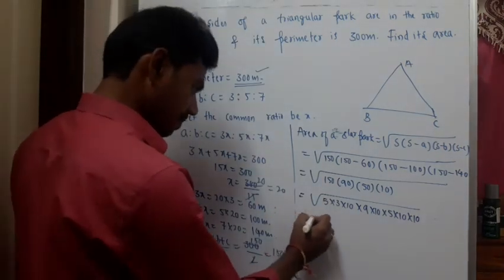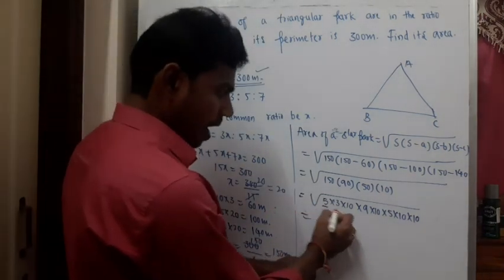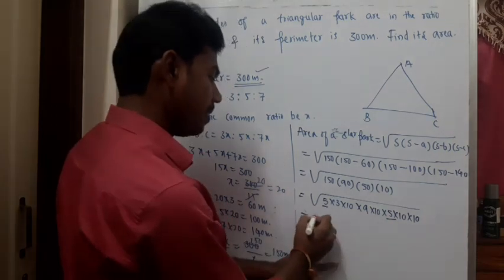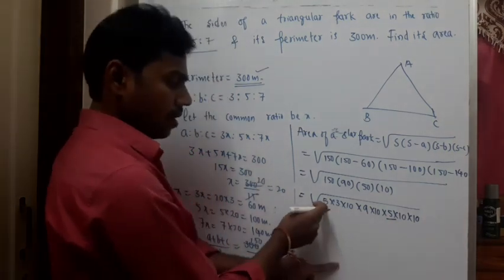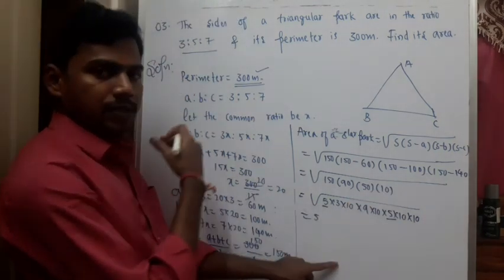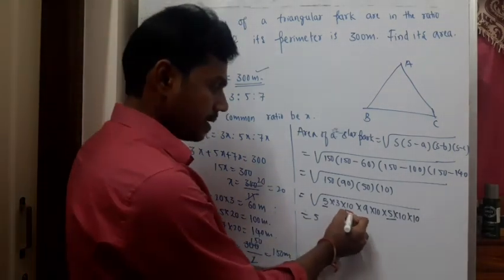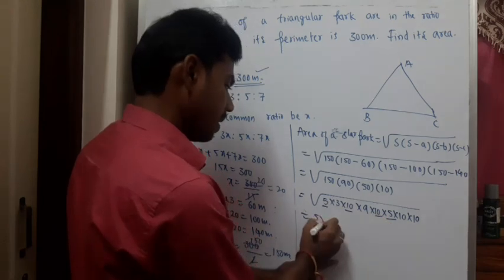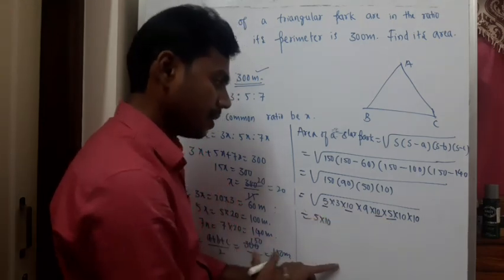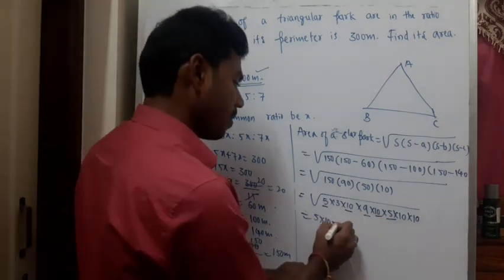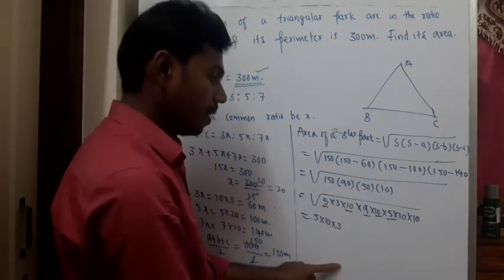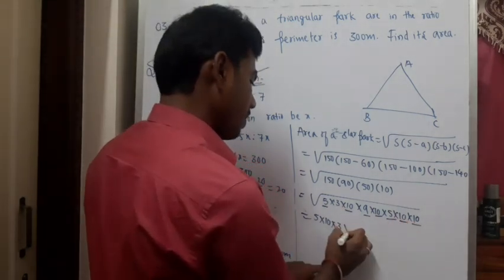Next, for this 5 and this 5, what can I write? 5 outside. See, 2 5s are there. If I take out of the square root, 1 5 will come out. Next, this 10 is there. This 10 is there. If I take out, 1 10 will come out. For this 9, 3 will come out.